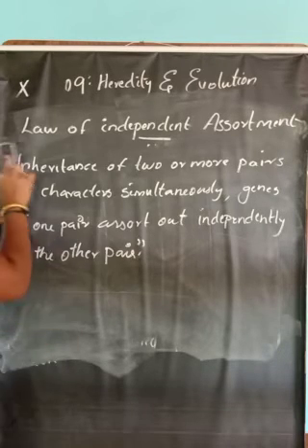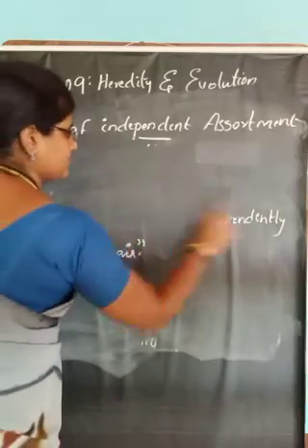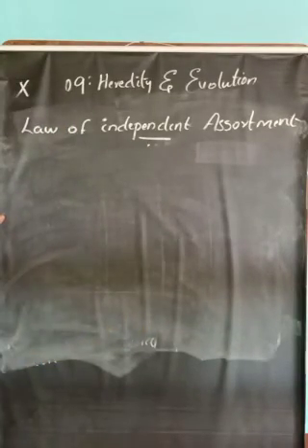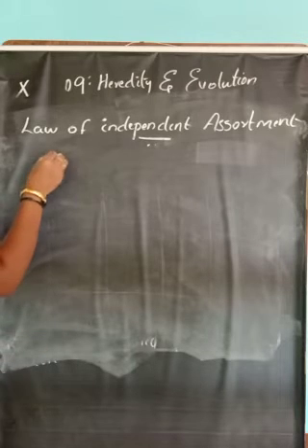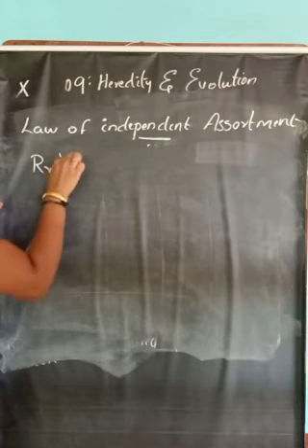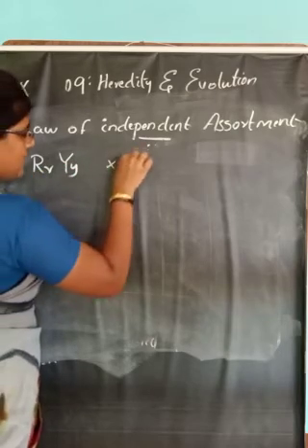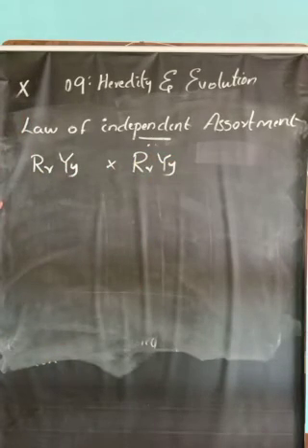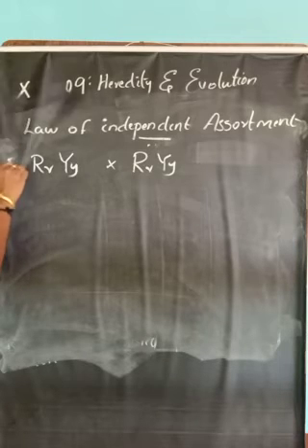Let's look. Capital R, capital Y, small y. That is our F1, the first generation of our dihybrid cross.